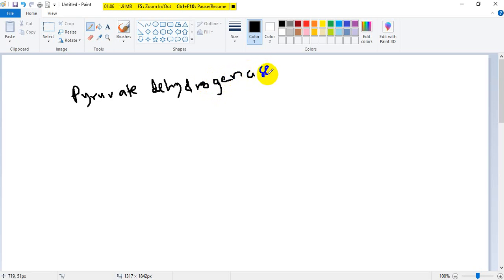Pyruvate dehydrogenase complex is a complex of enzymes, a multi-enzyme system, about 5 different enzymes.